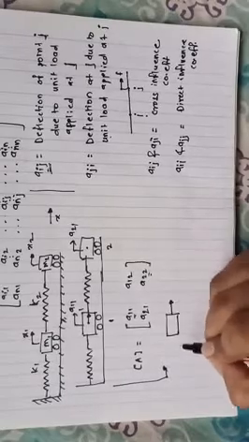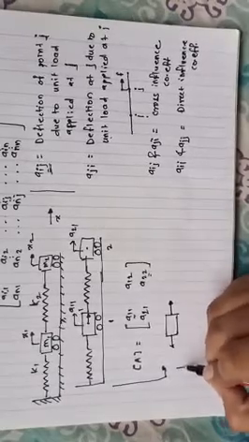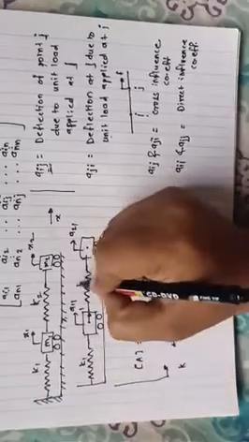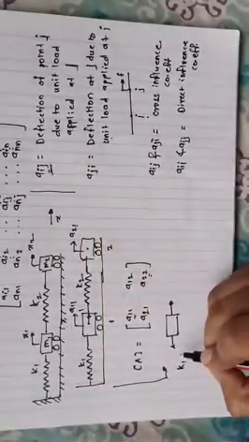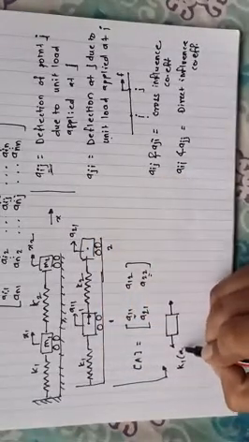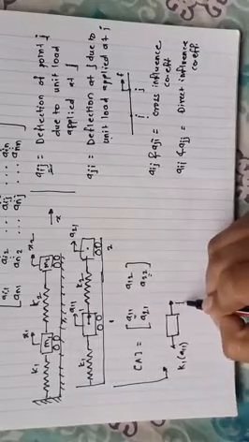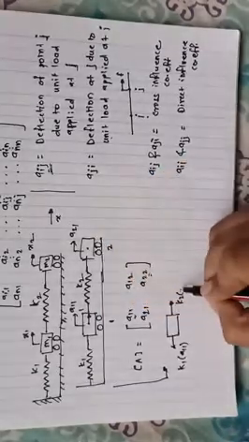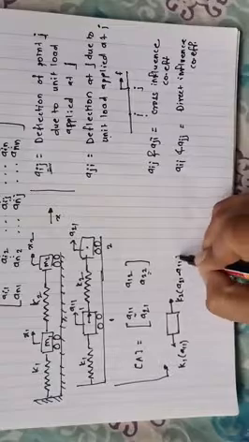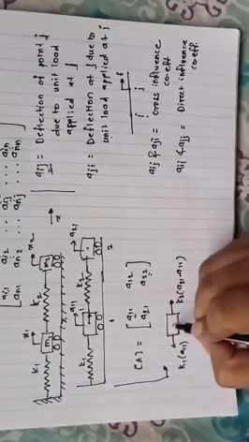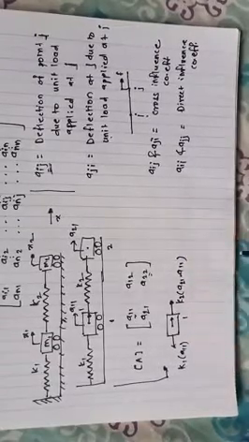So this will be K1 and K2. So K1 into A11, there will be K2 into (A21 minus A11), and there is a unit load 1.